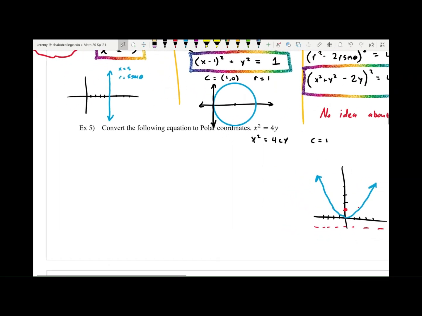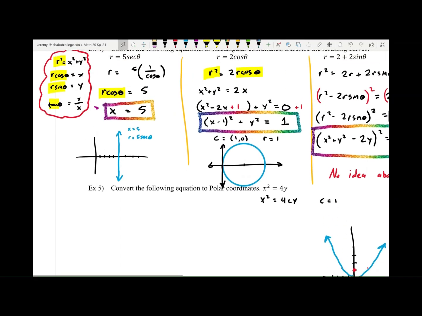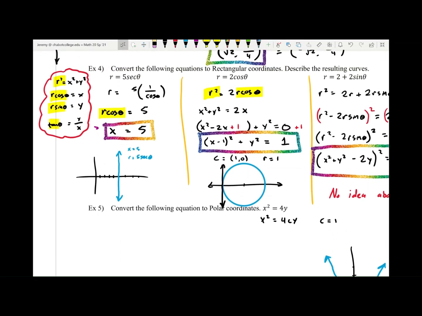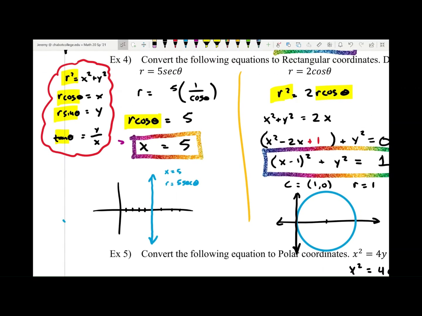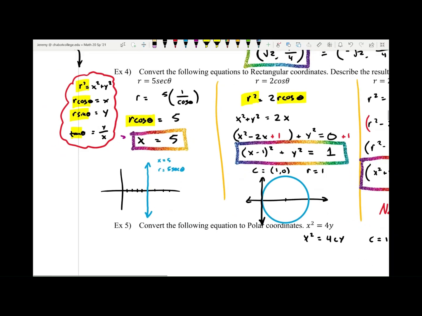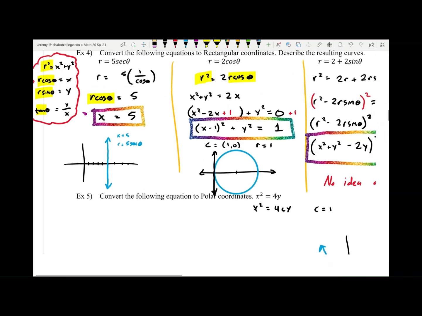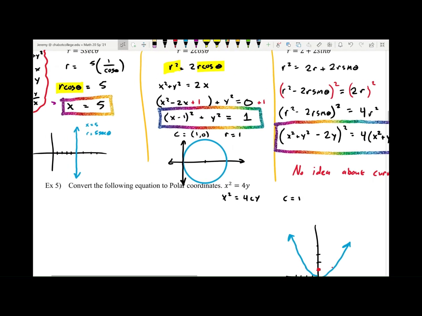Okay, so to convert to polar coordinates, looking back to our formulas, there are certain things that we're hoping to replace. Any x value can be replaced with an r cosine theta. Any y can be replaced with r sine theta. If we have x squared plus y squared, that can become an r squared, and so on.